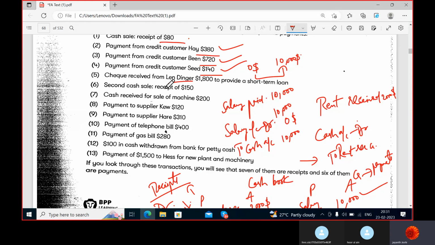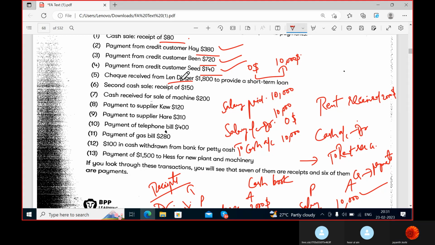Lendinger is giving the loan to us. See, suppose I have approached Lendinger for a loan. What can Lendinger do? Either he can give me cash in my hands, or he can give me a check in my hands, which I have to deposit. Am I right?